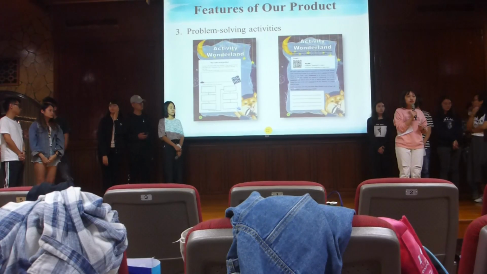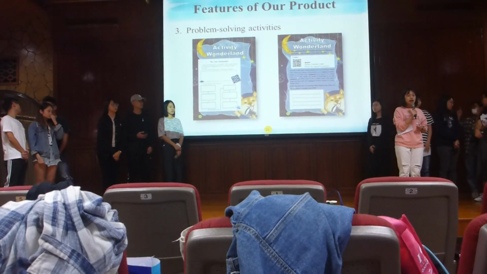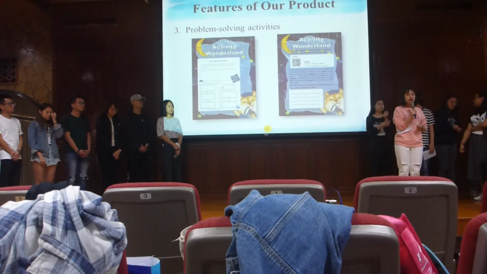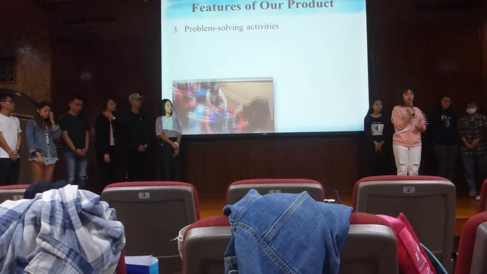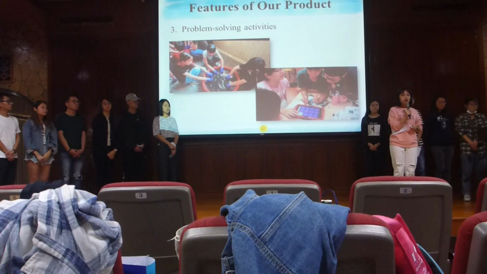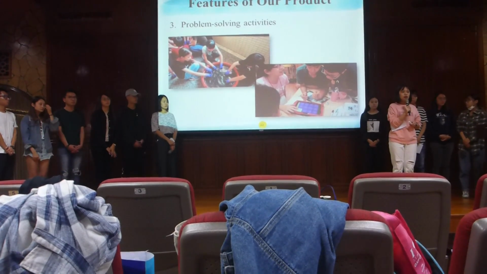However, our product focuses on problem solving. For example, in lesson 2, the blue dye, students need to use tools to design the patterns and make their own blue dye. And in lesson 8, electronic dance music, students need to work with their group members to compose their own music. Now, let's welcome the next presenter.